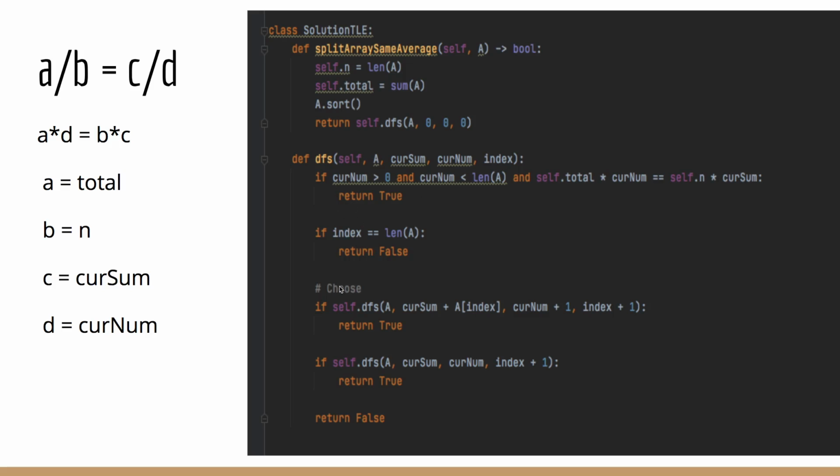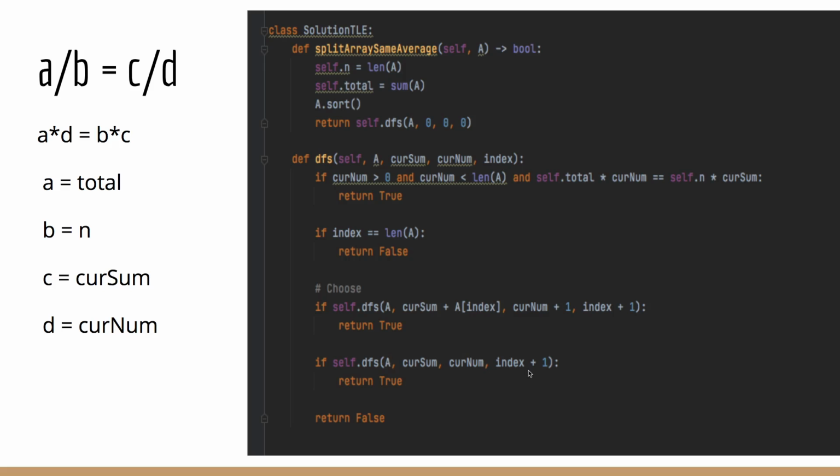And we have two options. One option is we can pick it, or we can not. We can leave it on the table. If we pick the value, the total num will be +1 because we pick one more number for the subsequence, and the subsequence length will be +1, and the subsequence summation will also add the value of that particular element, and the index will move forward.